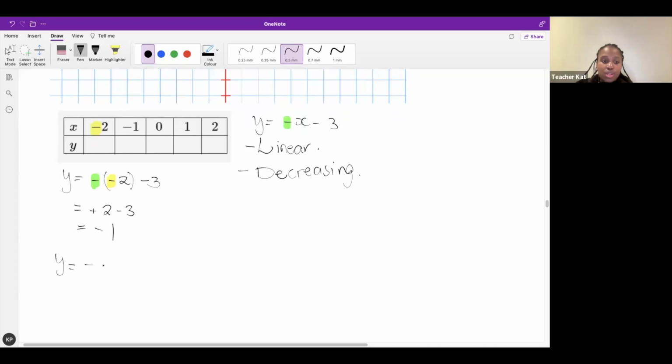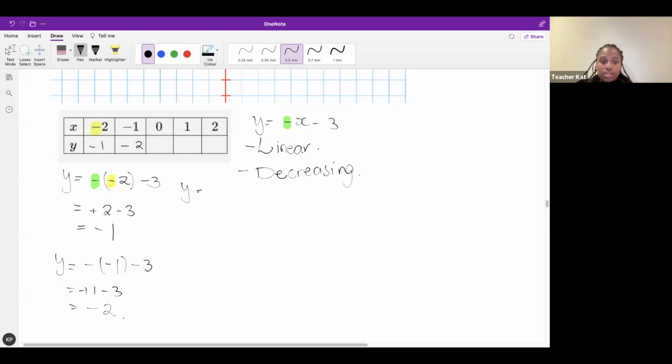Y equals negative 1 minus 3. Once again, these will become a positive 1 minus 3. And what is 1 minus 3? It is negative 2. Let me fill this in. Negative 1, negative 2.